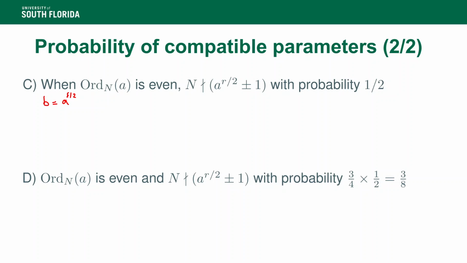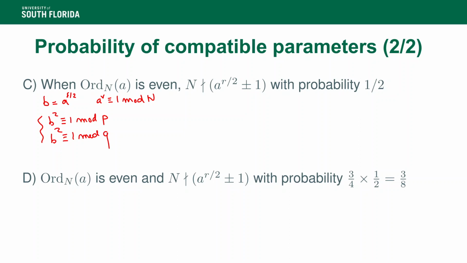Now, what do we learn from the fact that A to the R is congruent to 1 mod n? It means that B squared is congruent to 1 mod n, and so B squared is congruent to 1 mod p and B squared is congruent to 1 mod q.